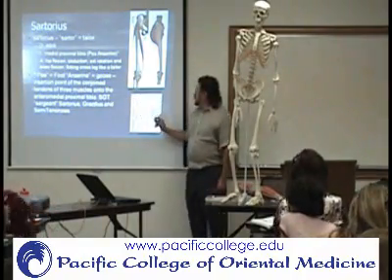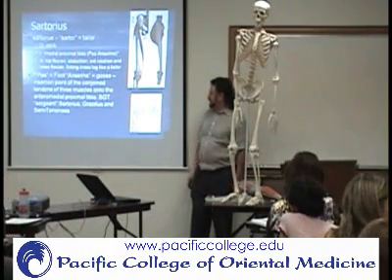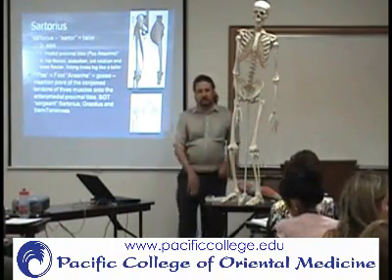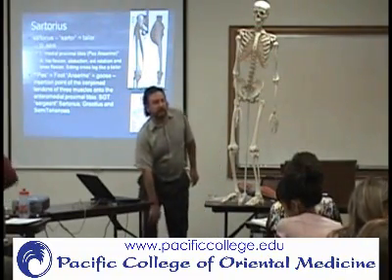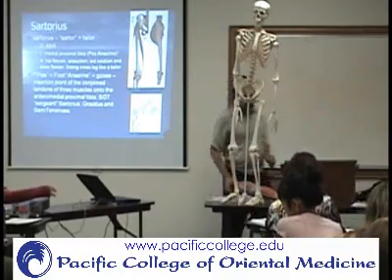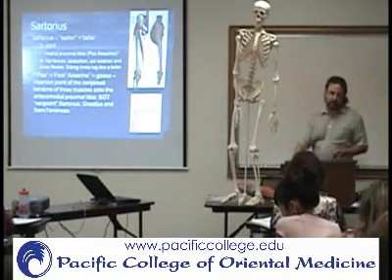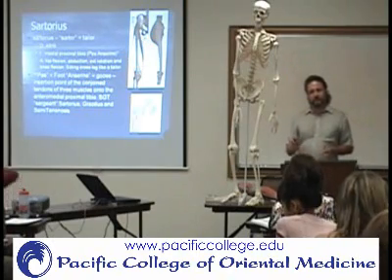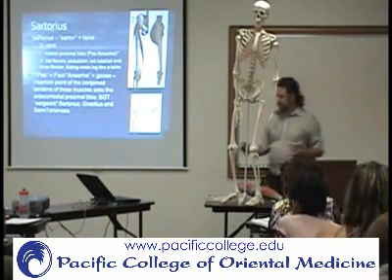So it's the sartorius, the gracilis, and the semitendinosus. All those muscles insert right in this area here. You can also sometimes get bursitis in that area because there's a bursa over the pes anserine. So you have pes anserine bursitis, and you have iliotibial band bursitis.